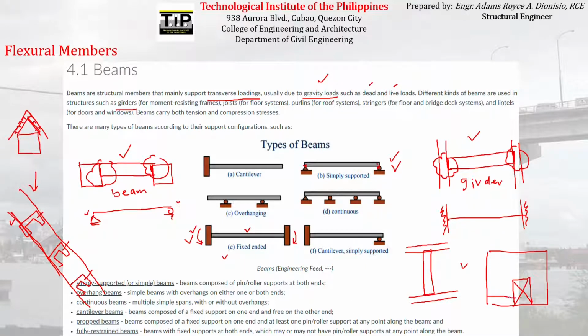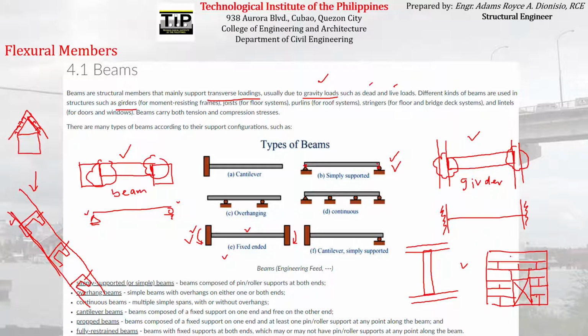May mga hollow blocks diyan kung saan gawa yung wall. Maraming hollow blocks diyan. Hollow blocks ibig sabihin hollow, butas, may butas siya, okay. So, ganyan itsura niyan.